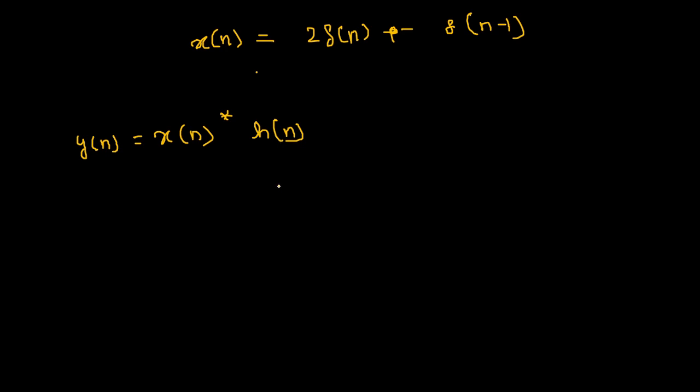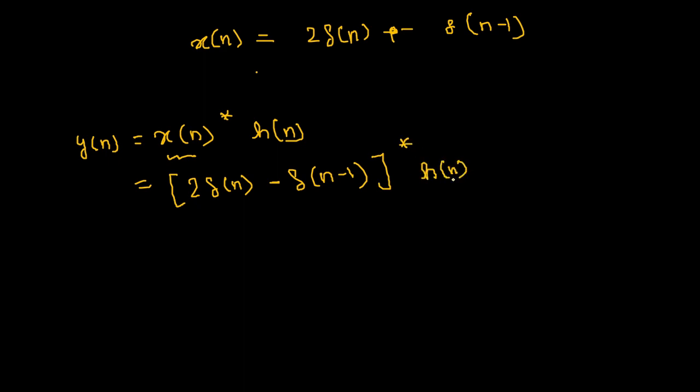Since x of n has very few terms, let's write x of n as 2 delta of n minus delta of n minus 1, and the convolution operator is performed on h of n.